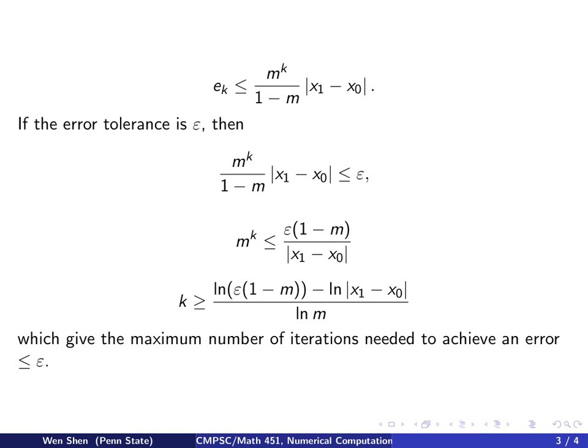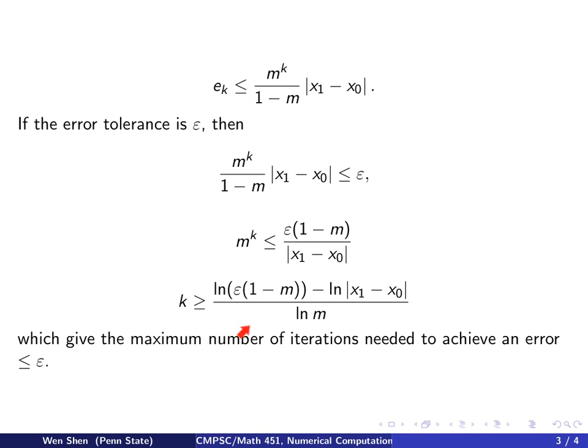Next we take a natural log on both sides, and we will have k times natural log of m less than the natural log of the whole thing here. Because m is less than 1, if I divide both sides by ln of m, which is a negative number, I have to switch the inequality sign.